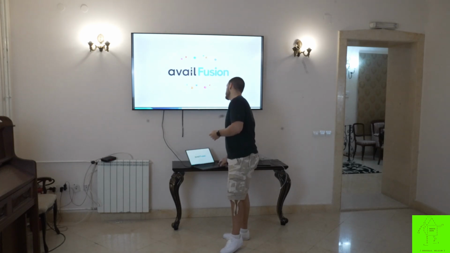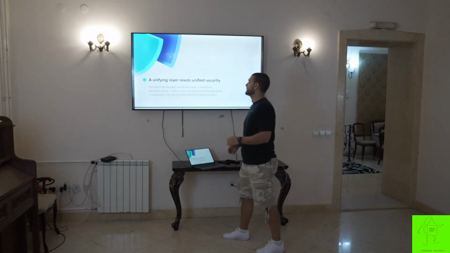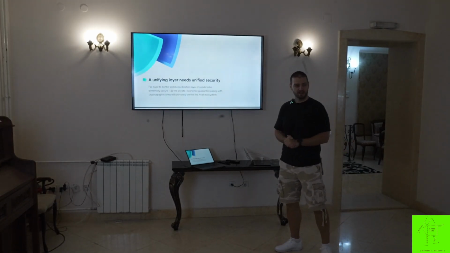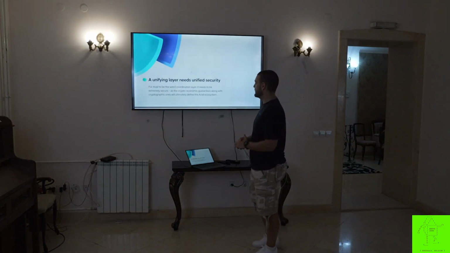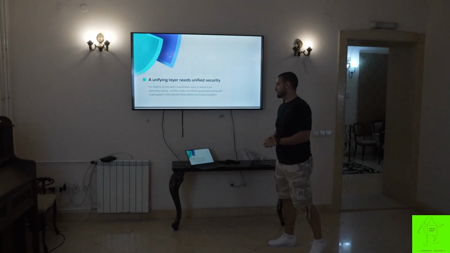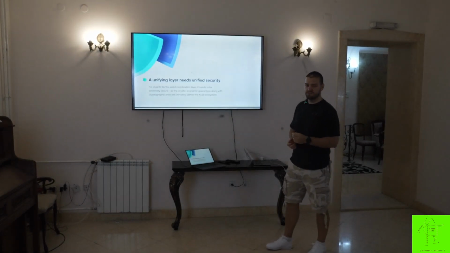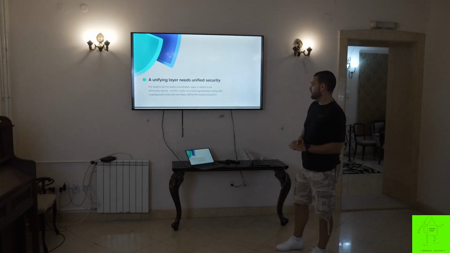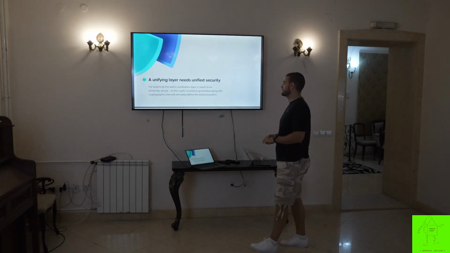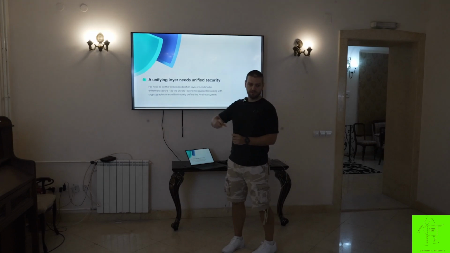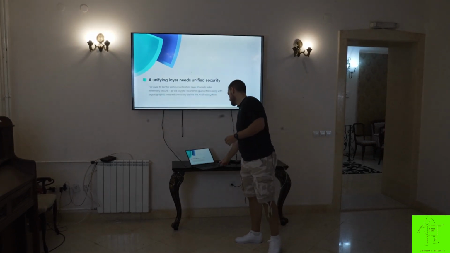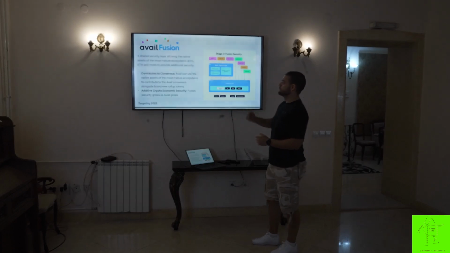The final component of Avail is Avail Fusion. In order to have the unifying experience that we want, we need unified security. If you want a coordination layer, it needs to be very, very secure. What we want is for the crypto-economic guarantees, alongside the cryptographic ones, to grow as Avail grows. So how will Avail Fusion work?